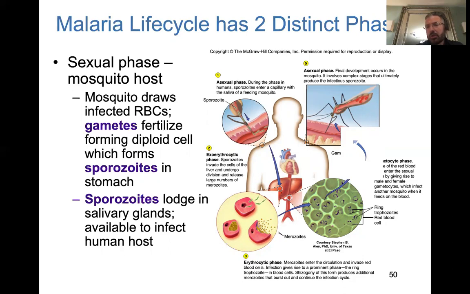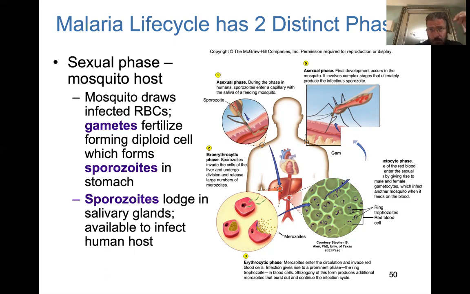Your spleen is supposed to filter out these red blood cells every 120 days. But if you're infected with Plasmodium, whatever species it is, it's going to be rupturing your red blood cells every 48 to 72 hours.